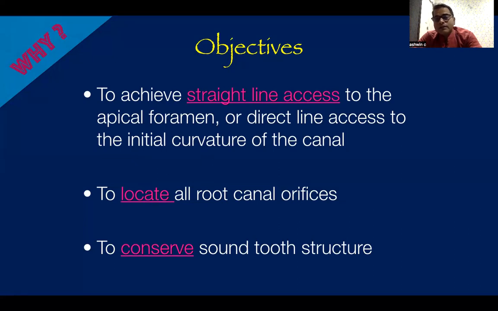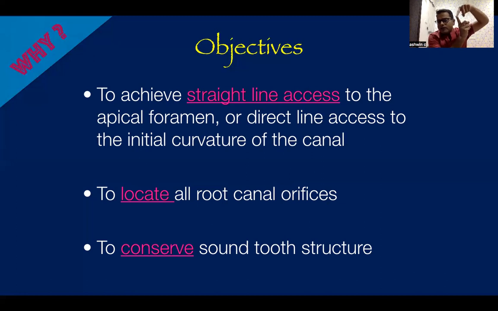It is a direct line access to the initial curvature of the canal. Remember, it's the initial curvature. You have two straight lines joining at an angle to make the curvature.